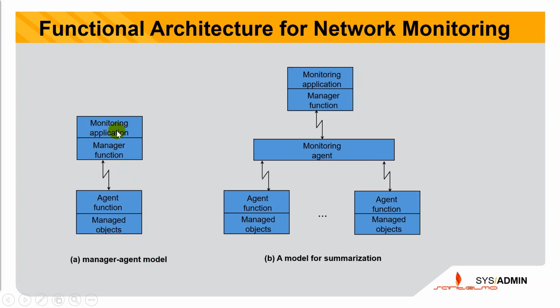The monitoring application is basically a manager function, and on a managed object there is an agent and of course an agent function. The communication between the server having the management application, or the manager, and the agent is via the Simple Network Management Protocol, or SNMP. We'll be talking about SNMP in the next and upcoming videos.